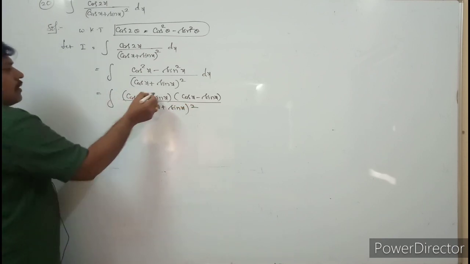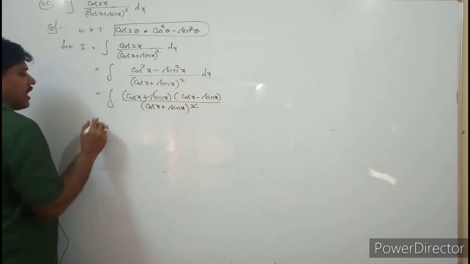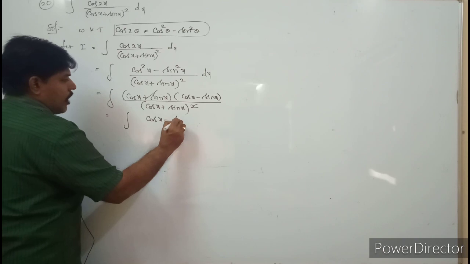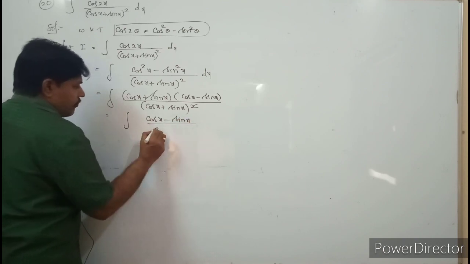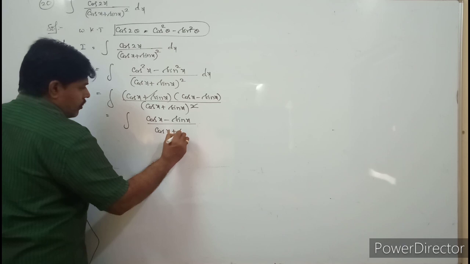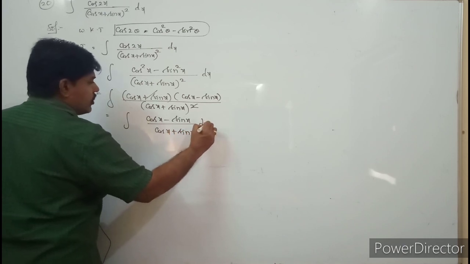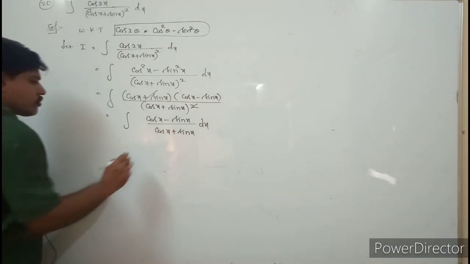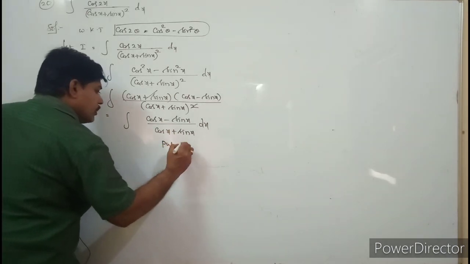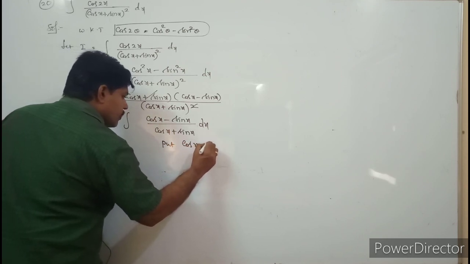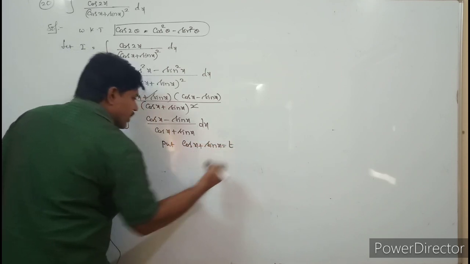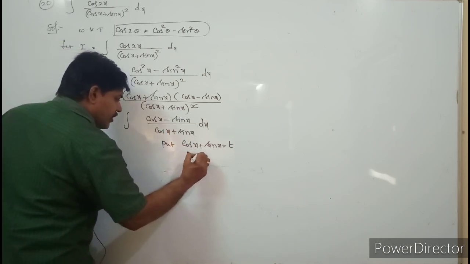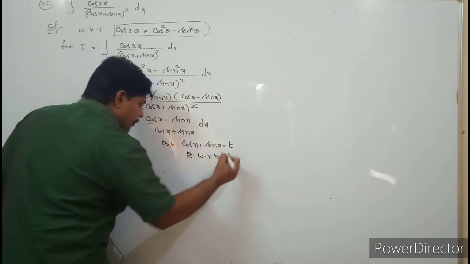So what happens? Cos x plus sin x and the square will be cancelled. It will become integral of cos x minus sin x by cos x plus sin x into dx. Here I will put cos x plus sin x is equal to t.